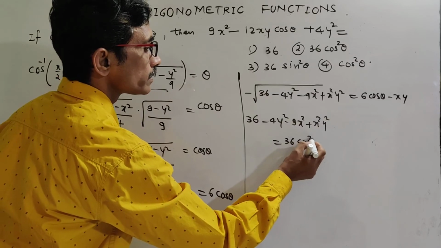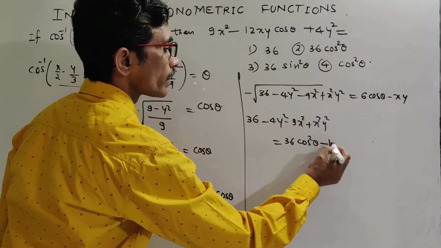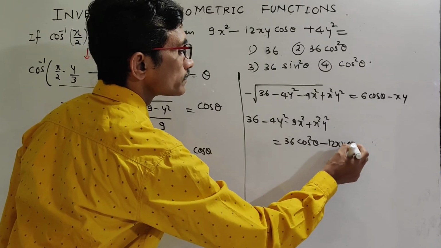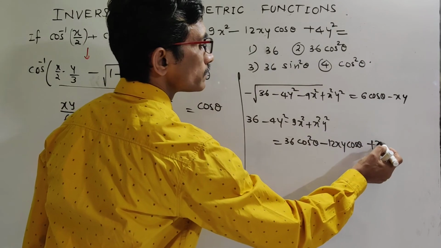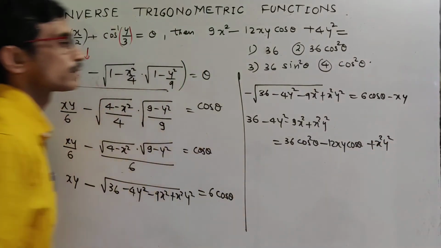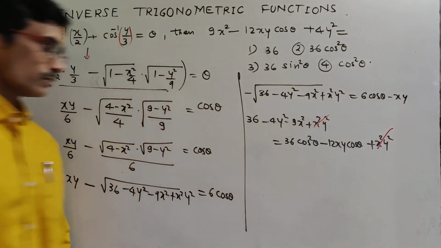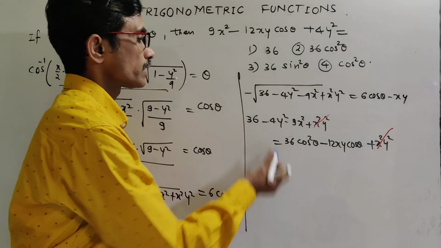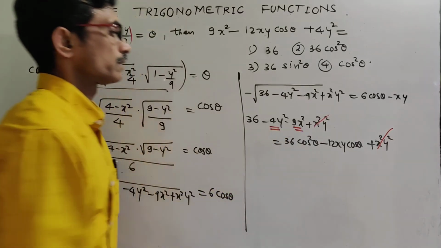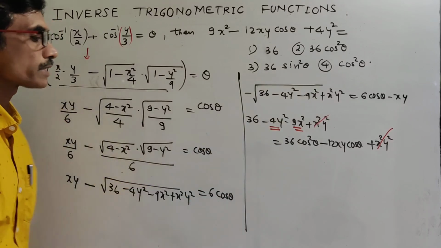That is 36 cos square theta, 2 times of that, minus 12xy cos theta, plus the square of the last term, that is x square y square. Now here x square y square is getting cancelled from either side. We take these 2 terms to the right hand side and this 36 cos square theta to the left hand side.